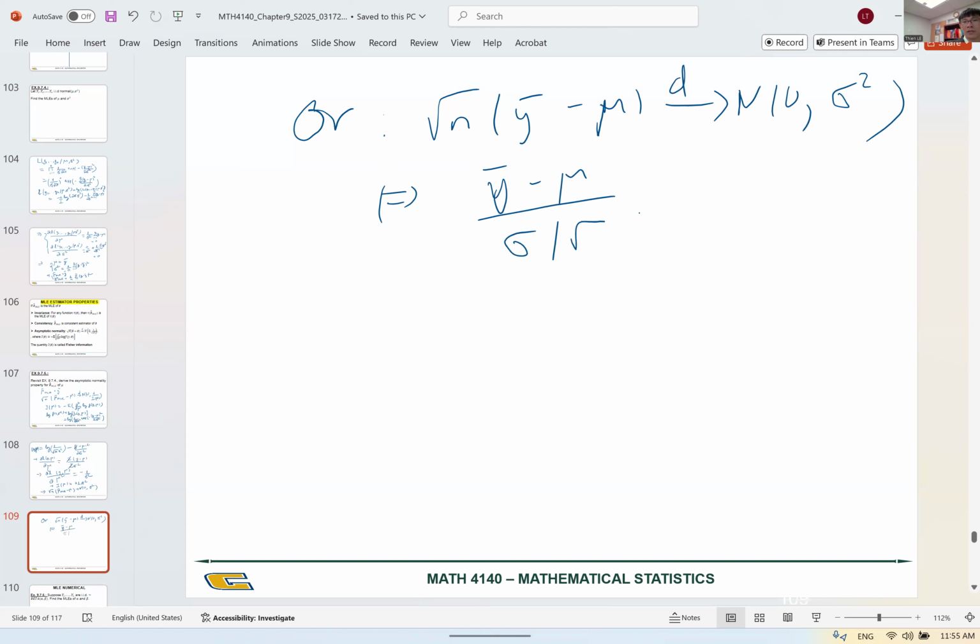This is something familiar to you already, which is Z, right? We said that very early in the class. So this is called asymptotic normality for the theta hat, here mu.